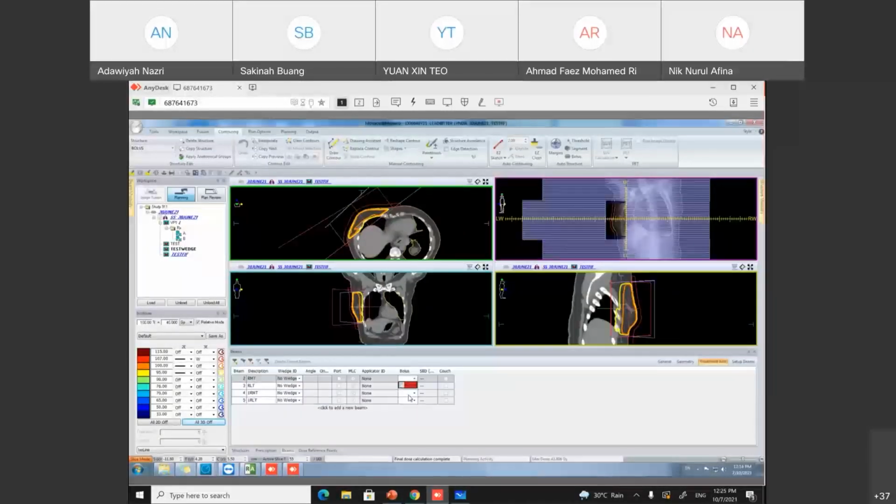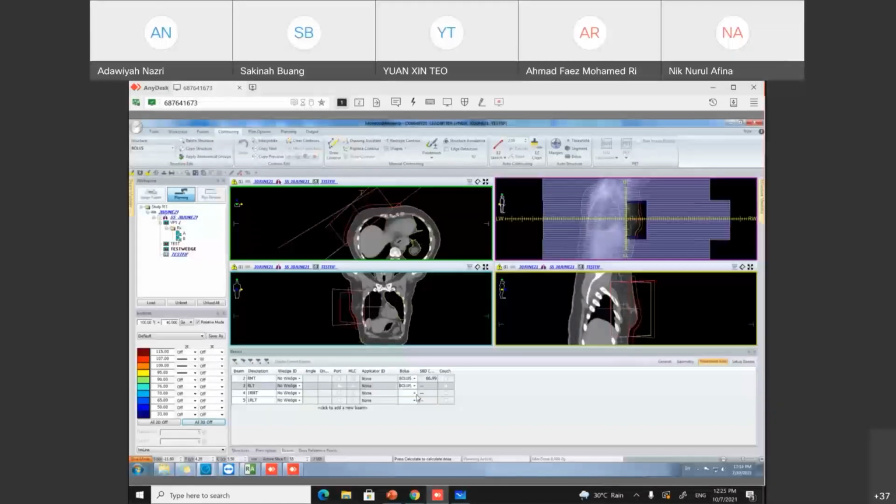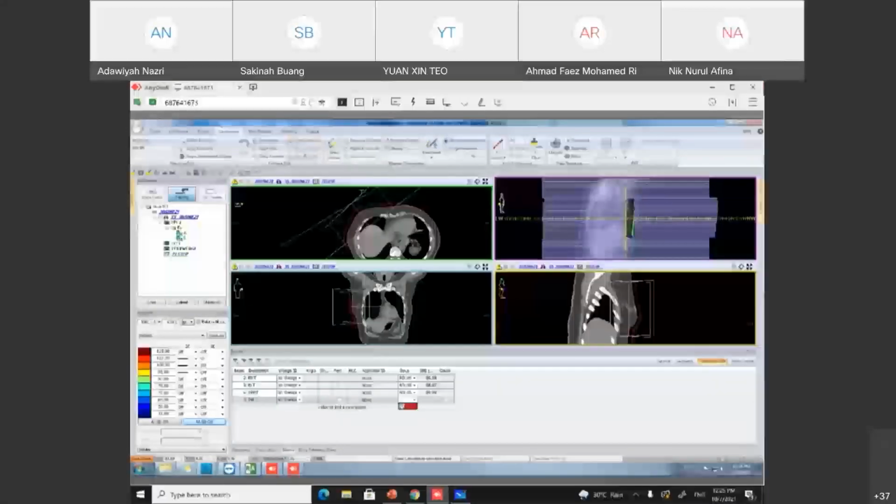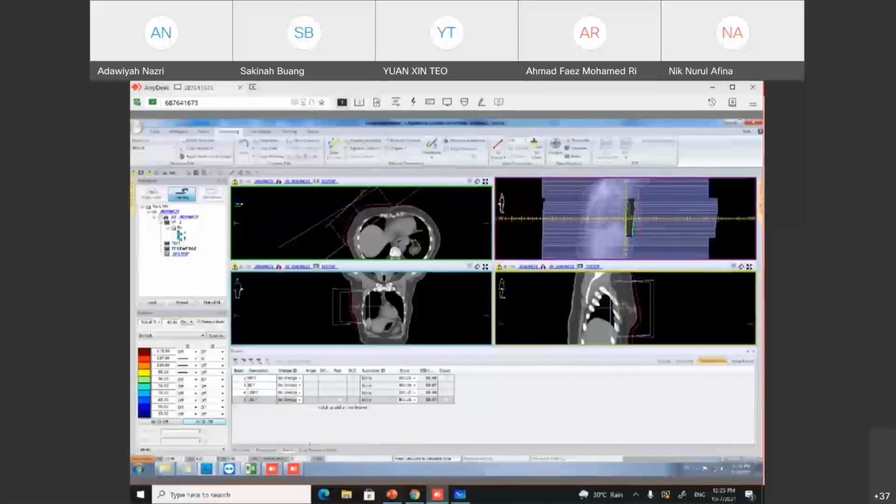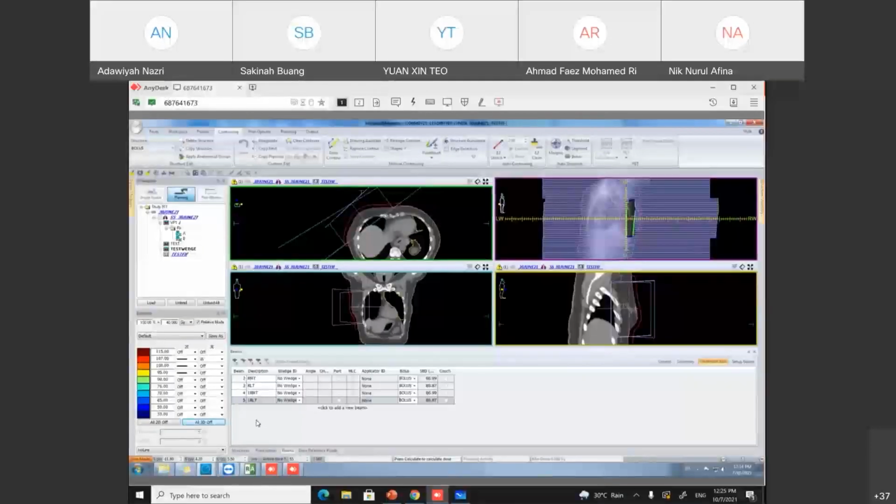So you need to click bolus for all. This one won't link, because sometimes the doctor will say they only want the bolus at posterior, so you would just apply the bolus at the posterior field. The bolus treatment aids here don't link like the photon energy, so you have to select each beam you want to apply the bolus to. Now after I apply it, I calculate.